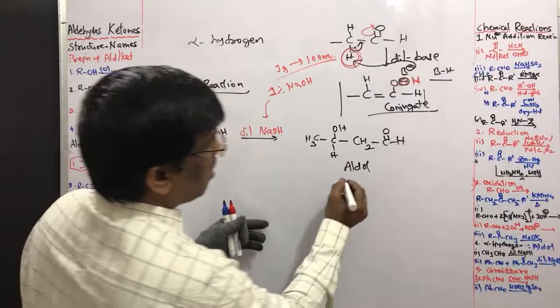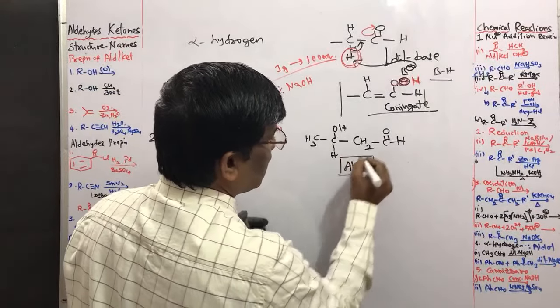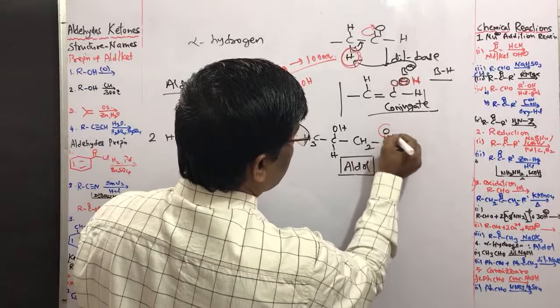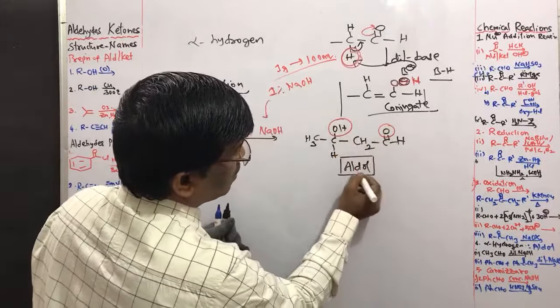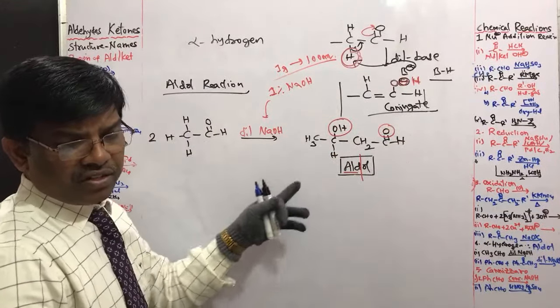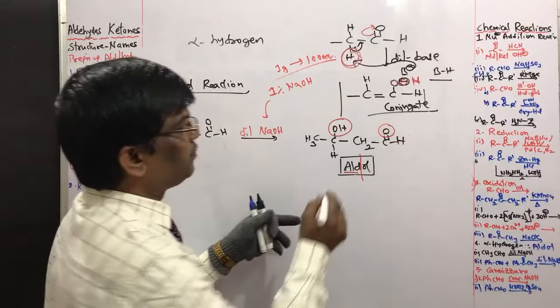Aldol. It is not a name of any scientist. It is a reaction where we are going to get aldehyde and alcohol. So that is why aldol: aldehyde and alcohol. Yes, students. So it is the aldol reaction.